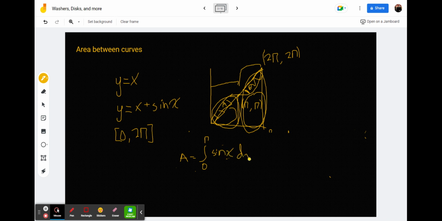This is, of course, equal to negative cosine x bounded from 0 to pi, which is going to be negative 1 minus negative 1, giving us 2.